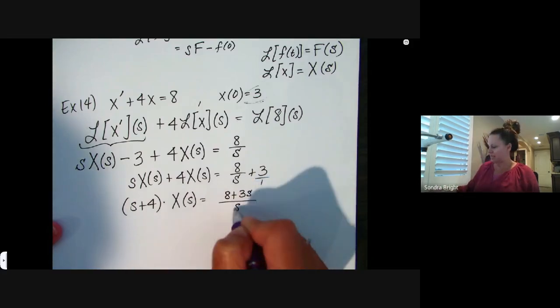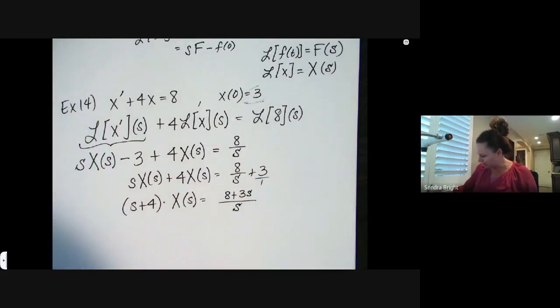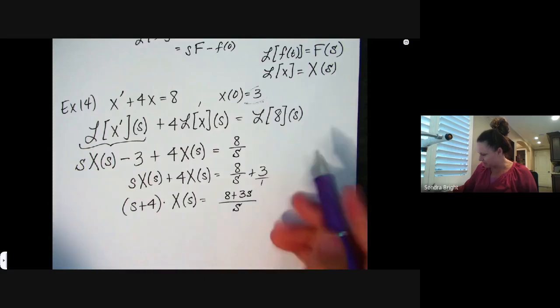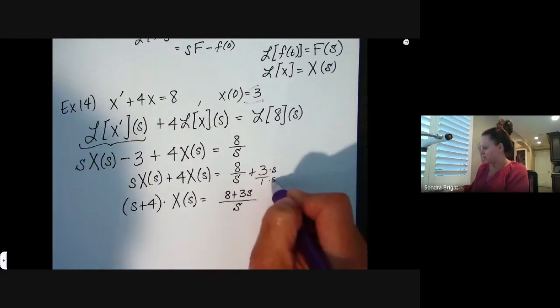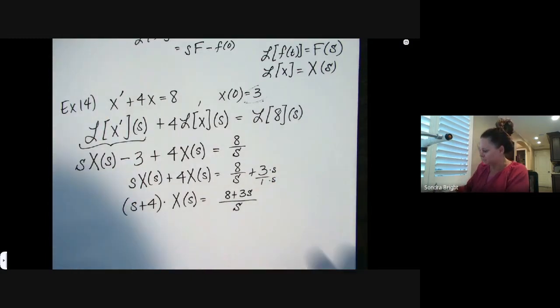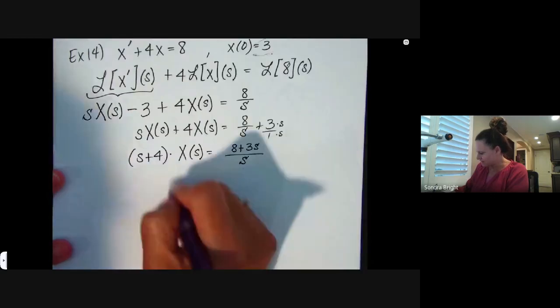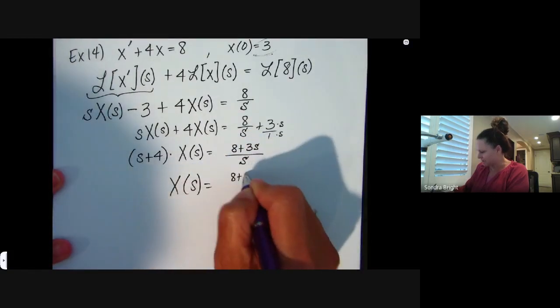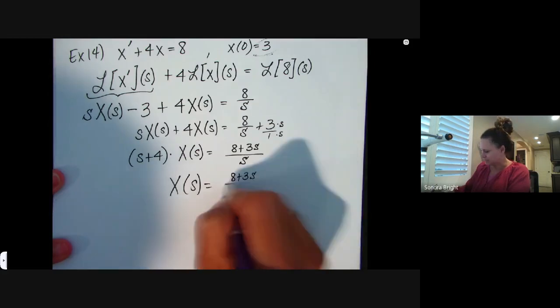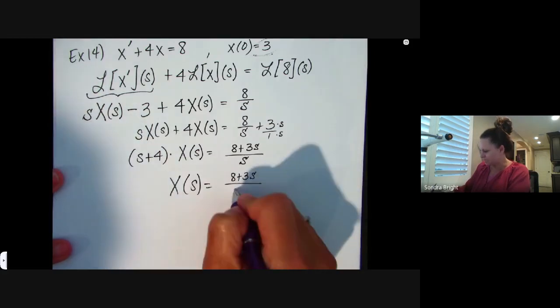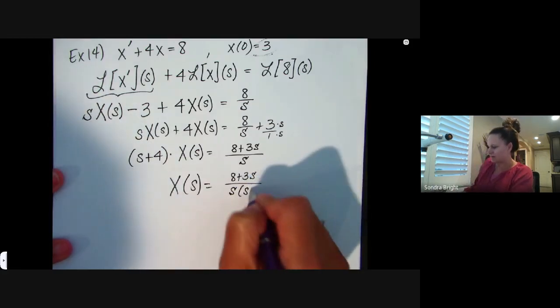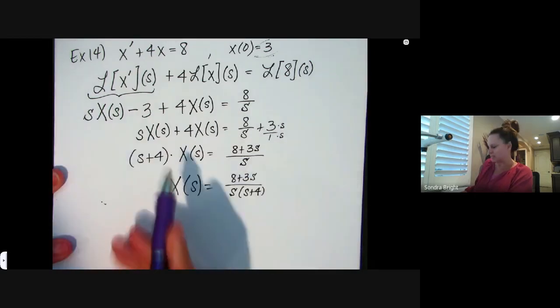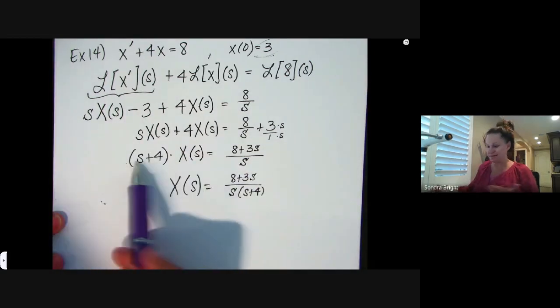Okay, dividing both sides by s plus 4, we get that this guy is 8 plus 3s over s times s plus 4. I'm solving for big X, so I divided both sides by the s plus 4.